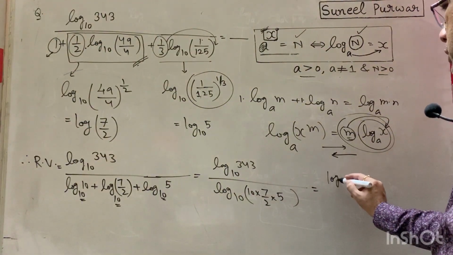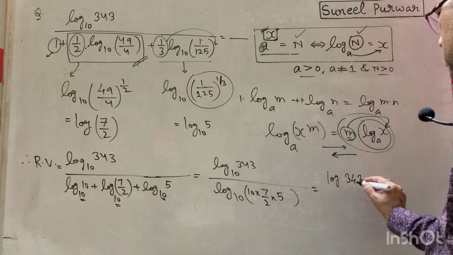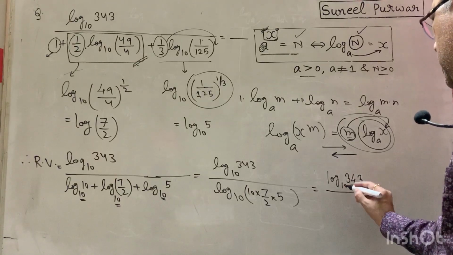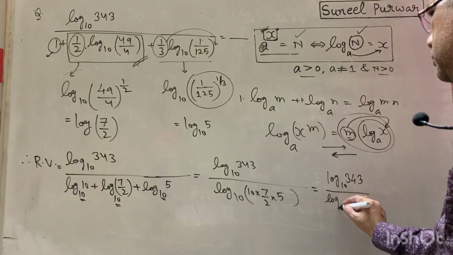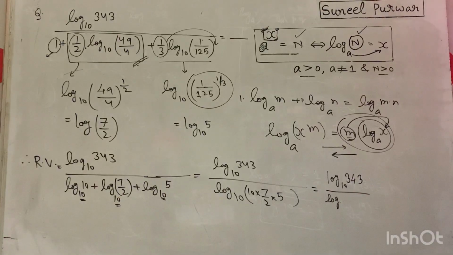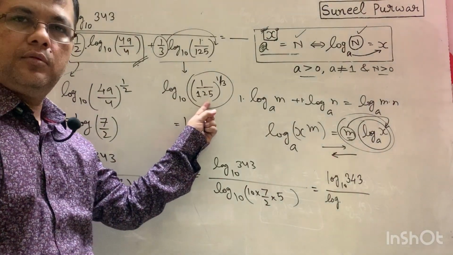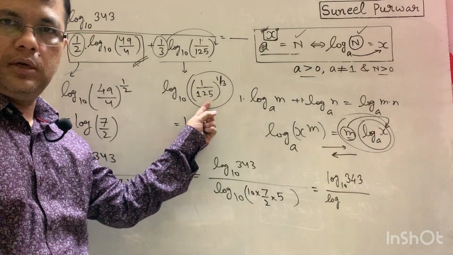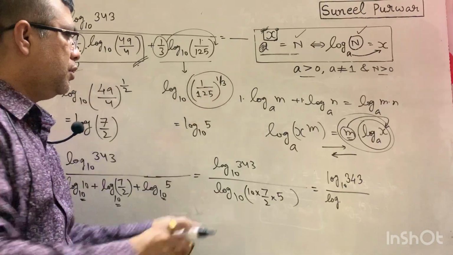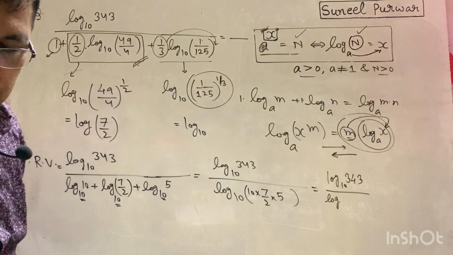So this is log of 343 base 10, and this number became, see there is a correction here. This is 1 by 25, no, 1 by 125. So cube root will give you what? 1 by 5. So this is what? 1 by 5.